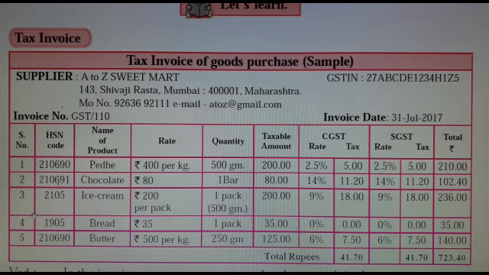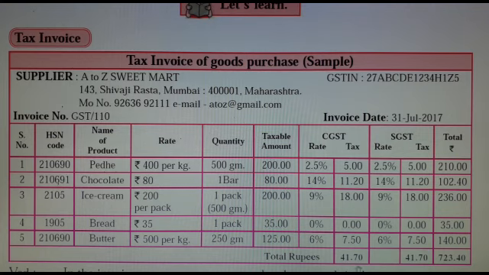Now in the last column, the amount of all articles with total tax is written there, and the total amount is 723 rupees 40 paise. And in this 723 rupees 40 paise, 41 rupees 70 paise is the tax paid to the central government, and 41 rupees 70 paise tax paid to the state government.